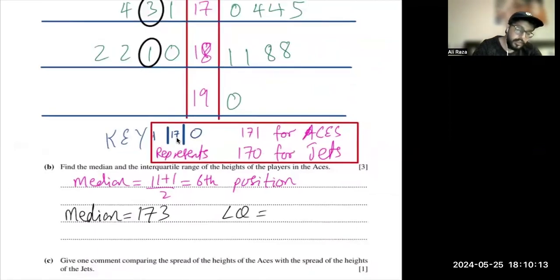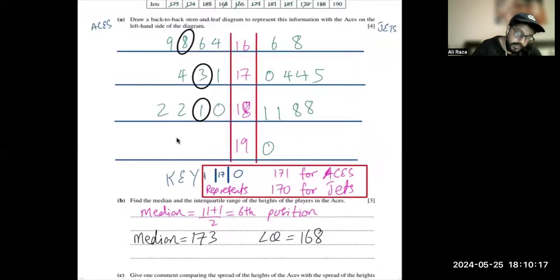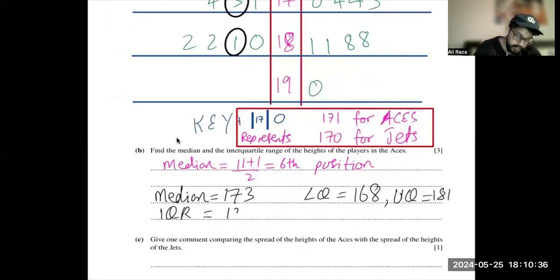The lower quartile is 168. Upper quartile is 181. So the interquartile range comes out to be 13.